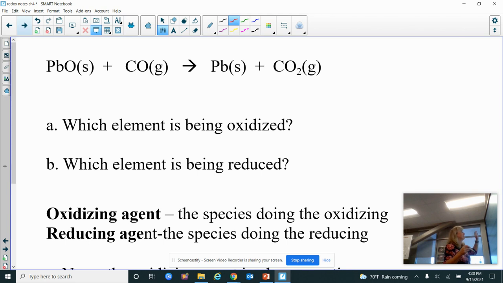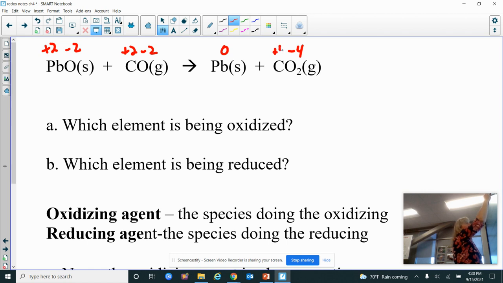How about here? We look at the oxygen is -2, so that lead is +2. In here, again, oxygen -2, so the carbon's +2. Over here, lead's by itself as a solid metal, so it's 0. And here, now it's CO2, oxygen is still -2, so 2 of them are -4.